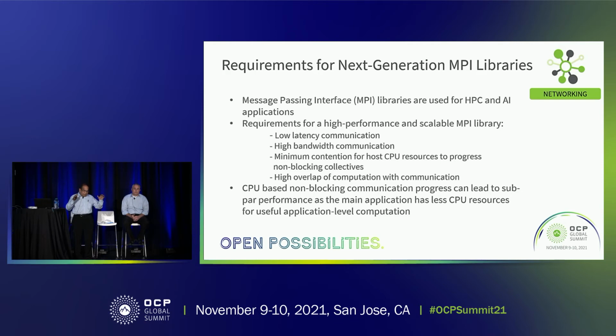That means if I do the computation and then do AllToAll, it is a blocking call. Processors are not doing anything else, but rather helping depending on how the algorithm is implemented. While the communication is happening, there is no overlap with computation, and that leads to scalability and performance issues.